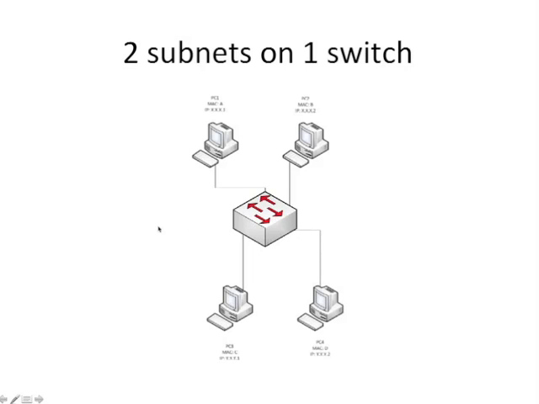So if you have separate subnets, you probably want them to be separate at layer 2. The way you could do that is you could have more than one switch, or you could use VLANs.